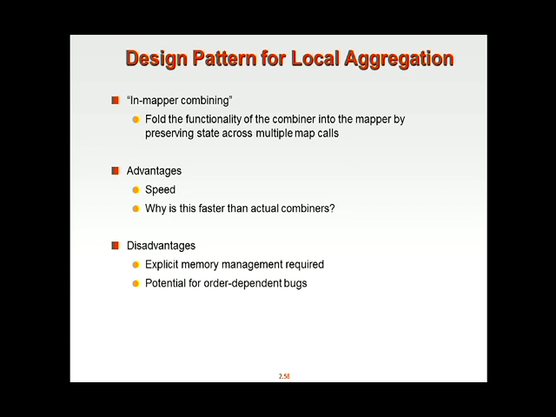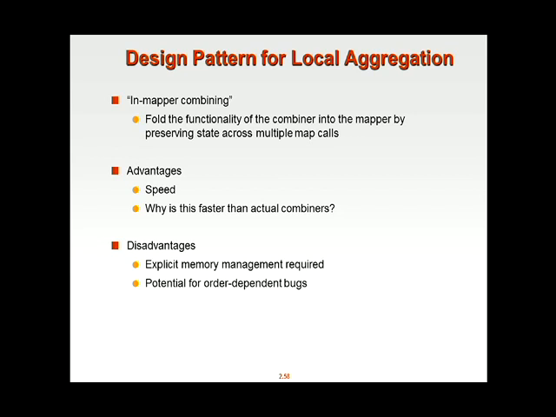So that's why it is even faster than using a combiner. But the problem is that now you need to manage the memory by yourself, and you need to estimate how much memory you need to use for your job.